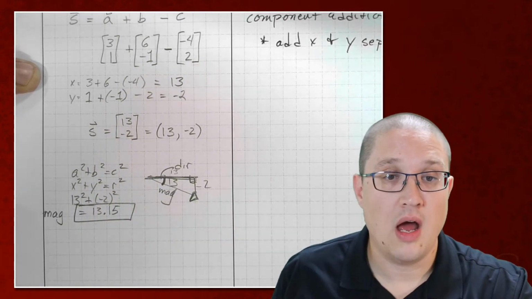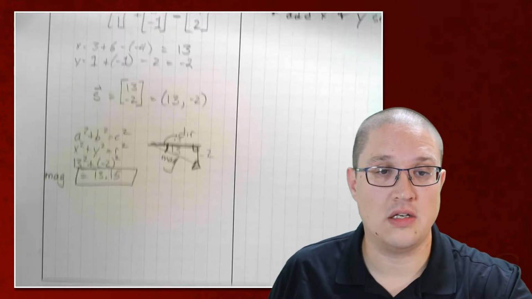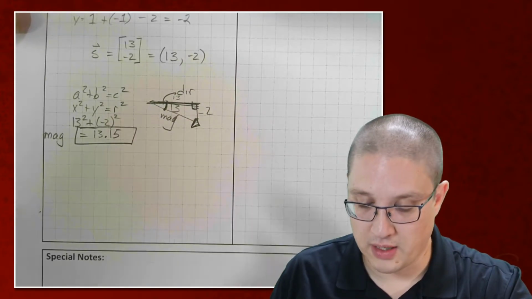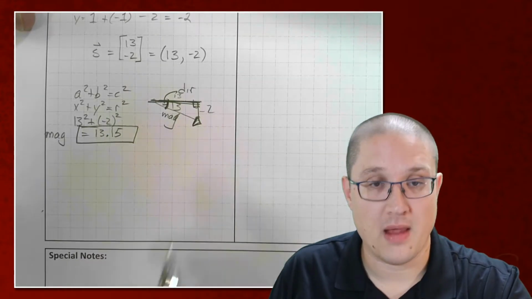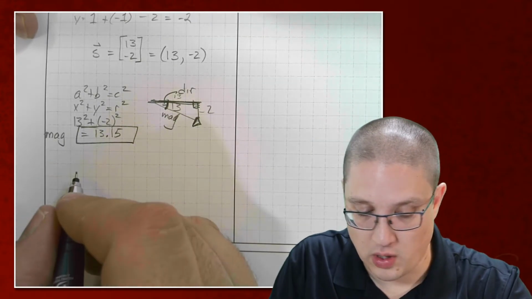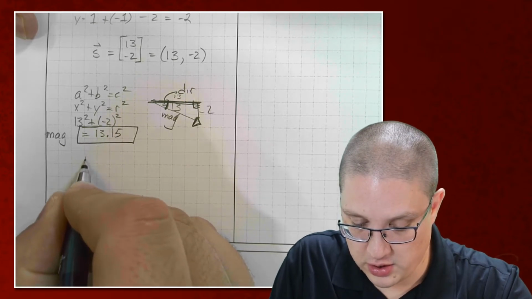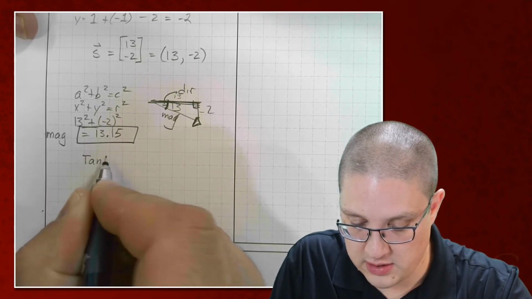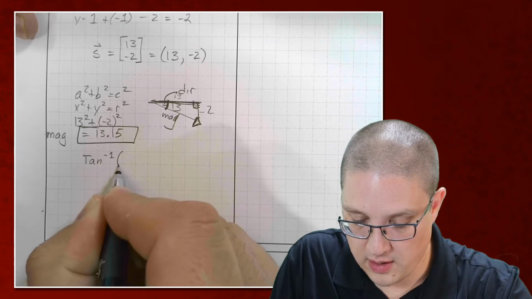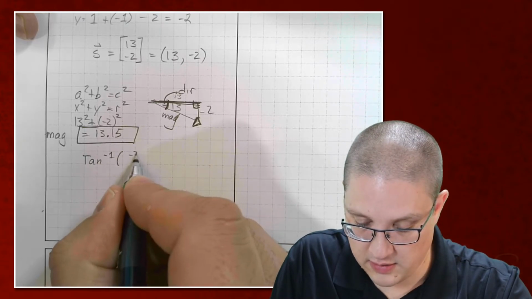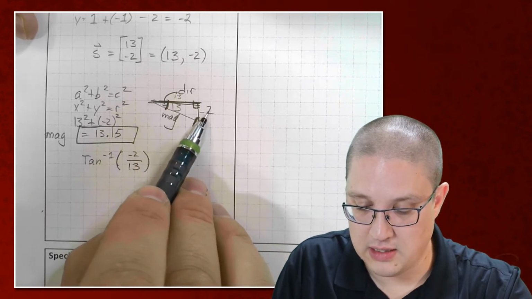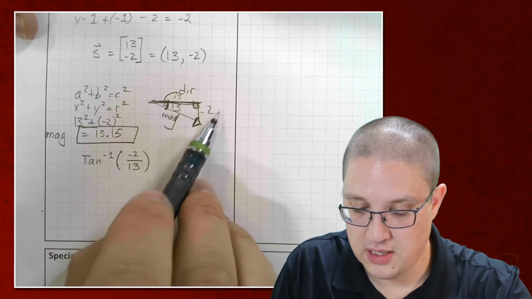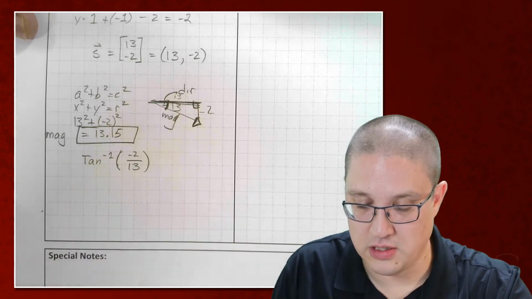There's my magnitude. My direction, all I need to do is treat this as a little trig problem. I'm looking for this angle here, and I've got these two, so I can go, my direction is the inverse tan of -2 over 13. Remember, tan is opposite over adjacent. This is my opposite. This is my adjacent.